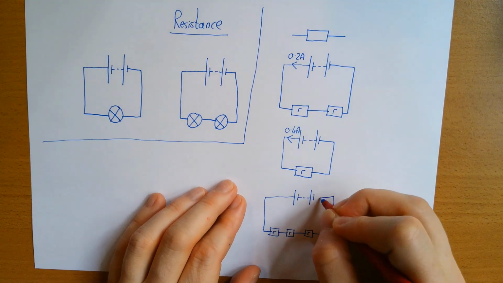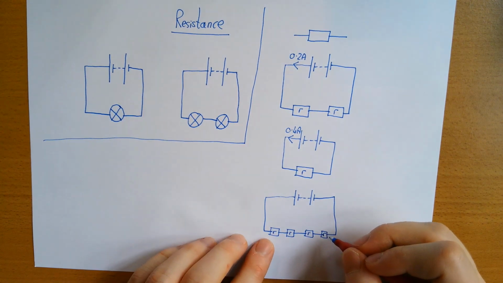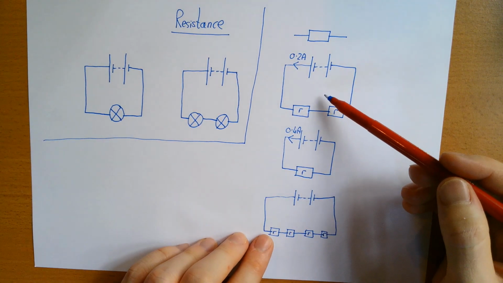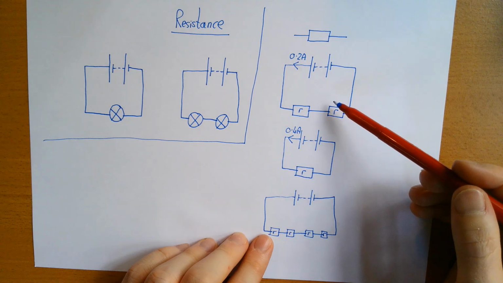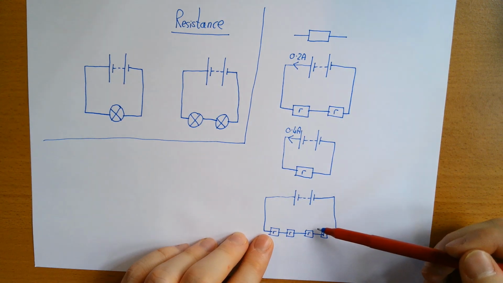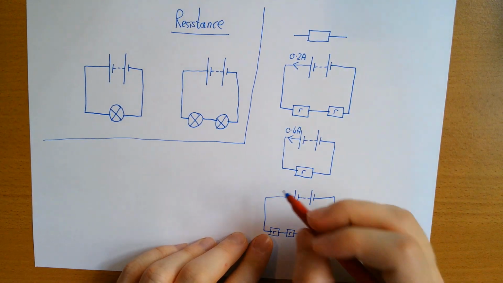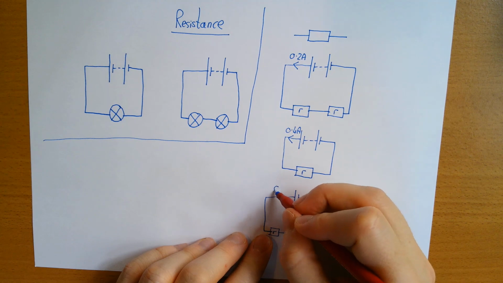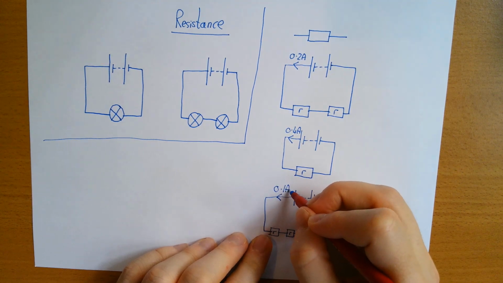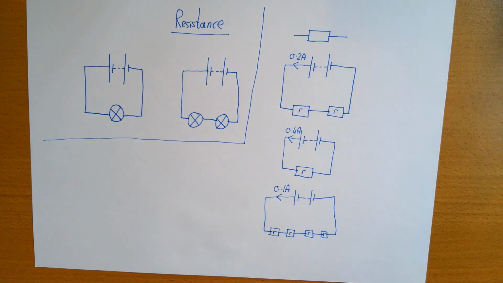I've labelled them and they've got the same resistance R. There's double the number of resistors compared to that circuit, which means it's twice as difficult compared to this circuit, 4 times as difficult as this circuit, which means the current is 0.1 amps. So if you double the number of resistors, you halve the current. If you halve the number of resistors, you double the current.